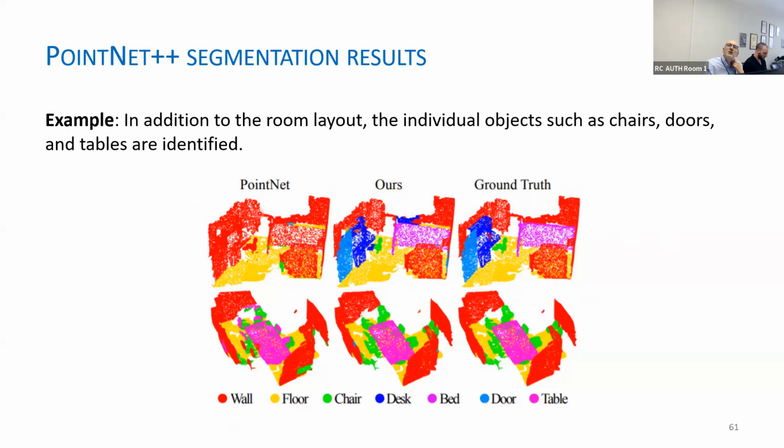Compared to PointNet, it is capable for this task to better separate some objects, for example here the desk from the door, which instead here are merged in the same segment.